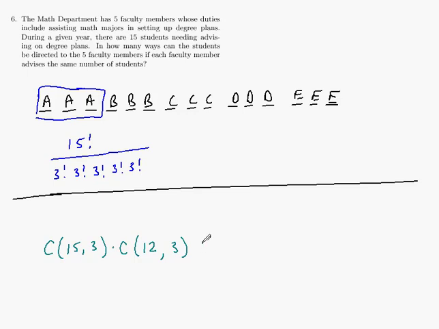Picks 3. The third one, there are 9 students left to advise. That person picks 3. And then combination 6 choose 3 and combination 3 choose 3. Depending on how you approach the problem, either the distinct rearrangement method at the top works or the combination method works also.